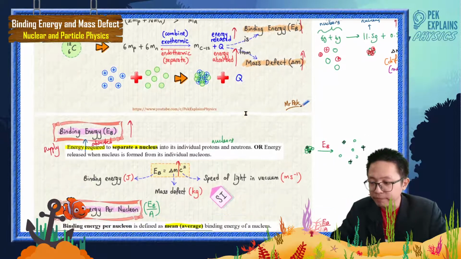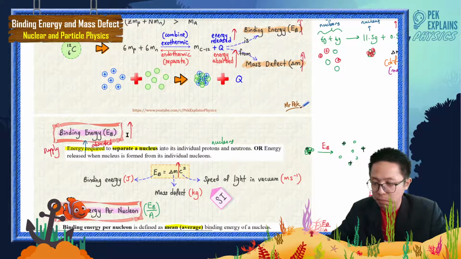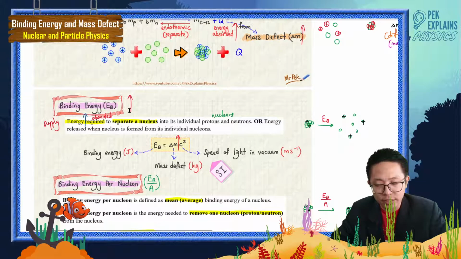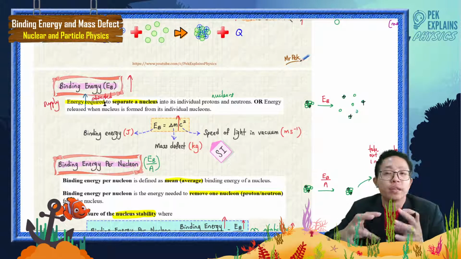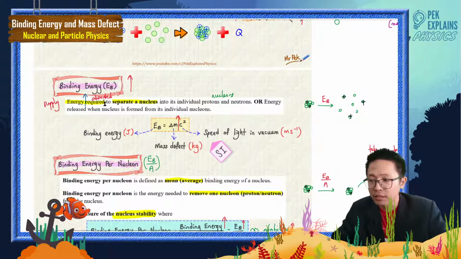Understand? If you need to supply a lot of energy to overcome the binding energy, it means the nucleus is very stable, because it's hard.